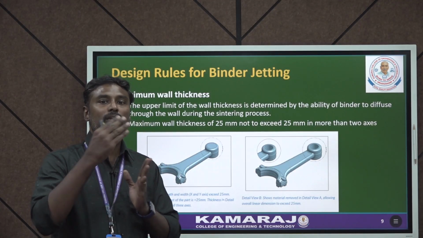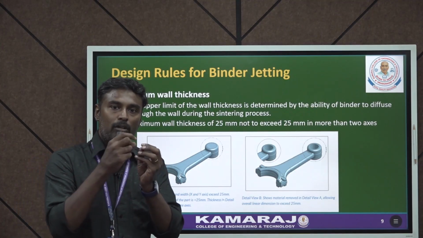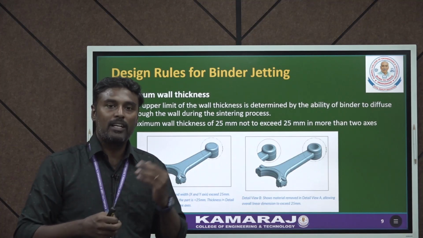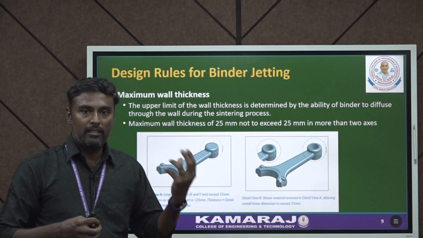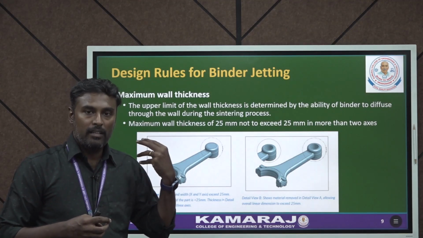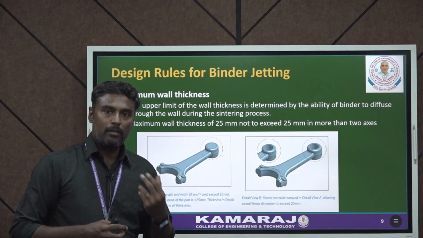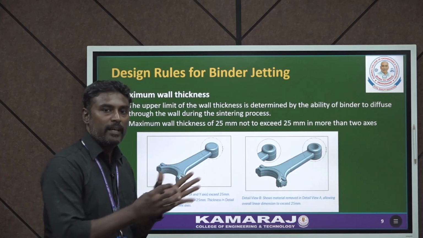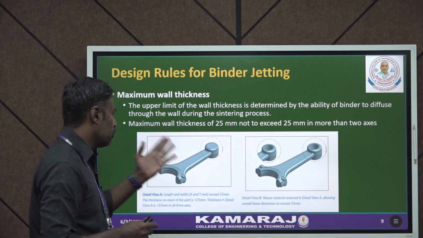If it exceeds 25 mm, at the time of the sintering stage, it can't bind one particle with the other particle beyond 25 mm. So based on this, it can't make the required designs, and it can end in failure. Also, that component cannot be achieved with good tolerance and accuracy. Therefore we have to maintain the recommended wall thickness. It should not be too high.